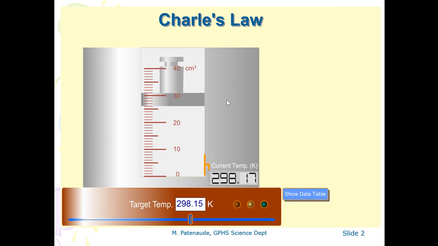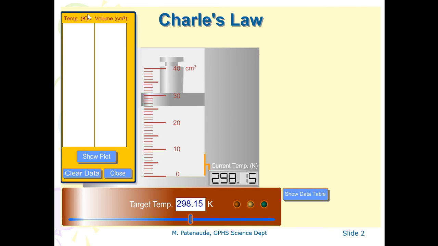At room temperature, 25 degrees Celsius, on the Kelvin scale, that's 298 Kelvin. So 298 is what's shown here on the animation screen. We have a heating block below a gas which is held in a syringe. What I'm going to do is slide the slider on the heating block to cool the gas or to warm it, and then we'll see the volume change.